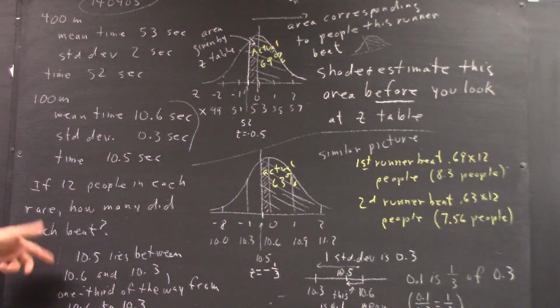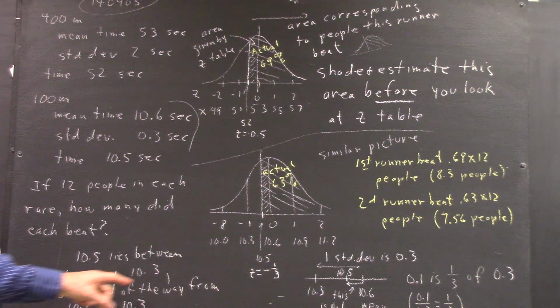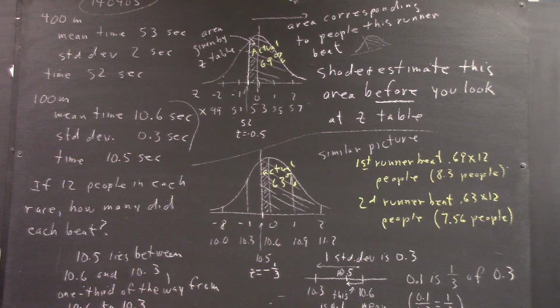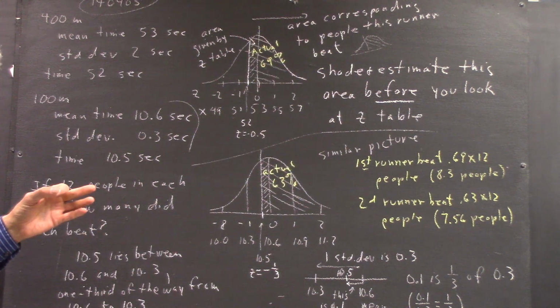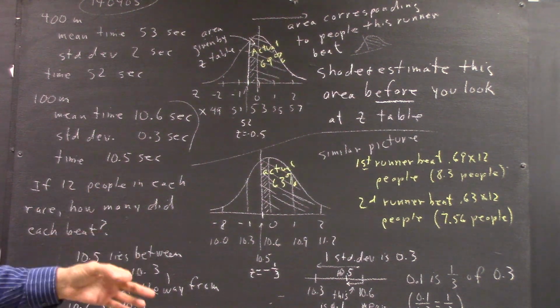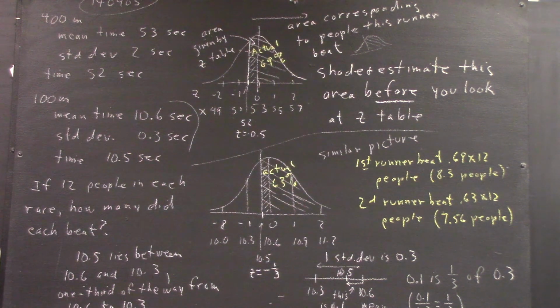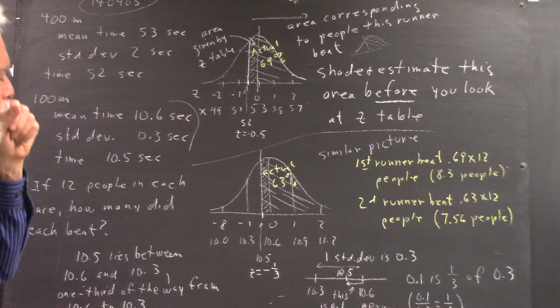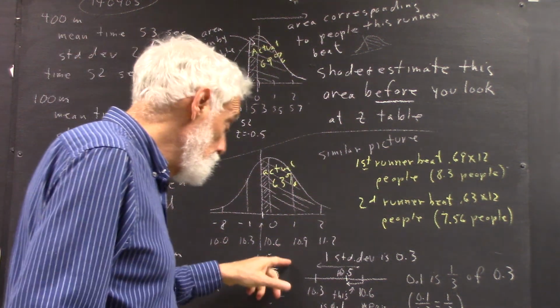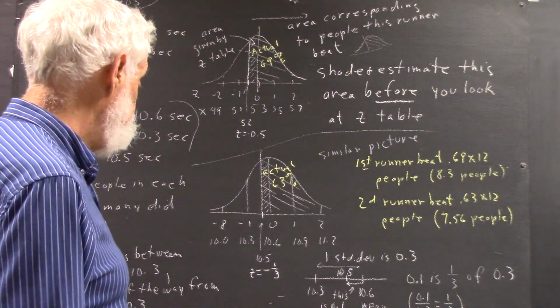Now I can say 10.5 lies between 10.6 and 10.3, and 1/3 of the way from 10.6 to 10.3, as you can see, just by labeling 10.3, 10.4, 10.5, 10.6. So from that, we can conclude z is -1/3.